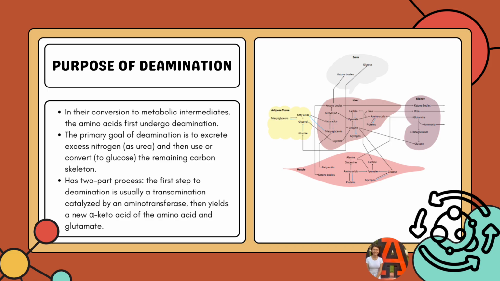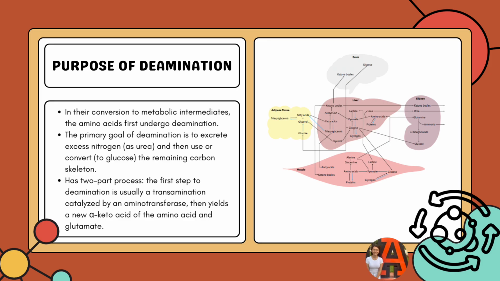Now, what about the purpose of deamination? In their conversion to metabolic intermediates, the amino acids first undergo deamination. The primary goal of deamination is to excrete excess nitrogen as urea and then use or convert to glucose the remaining carbon skeleton.